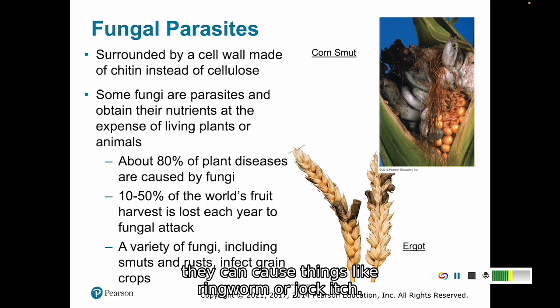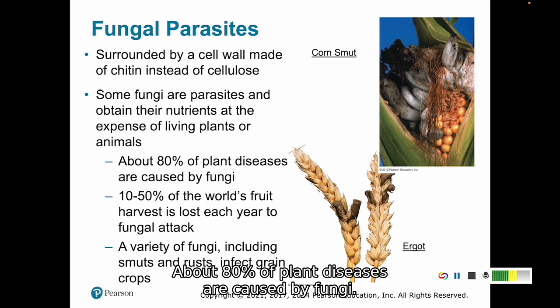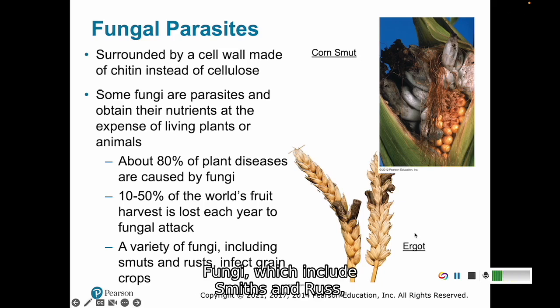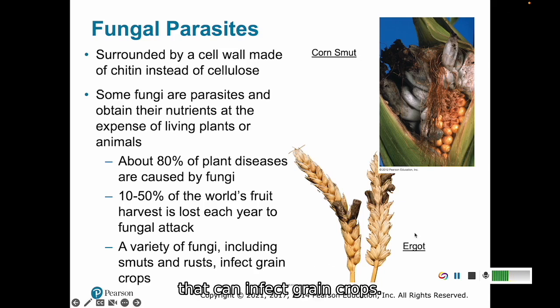They can cause things like ringworm or jock itch. About 80% of plant diseases are caused by fungi. That's pretty significant. About 10 to 15% of the world's fruit harvest is lost each year to fungal attack. And there's a variety of fungi which include smuts and rusts that can infect grain crops.